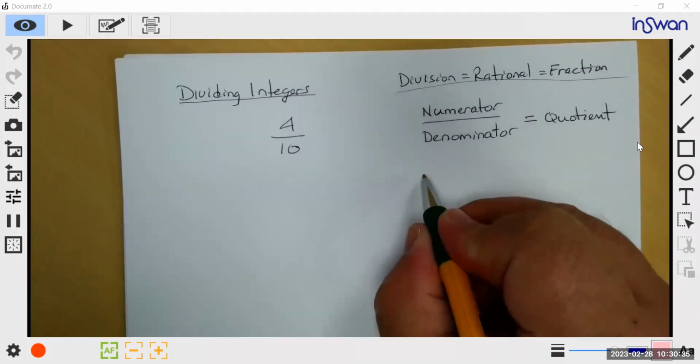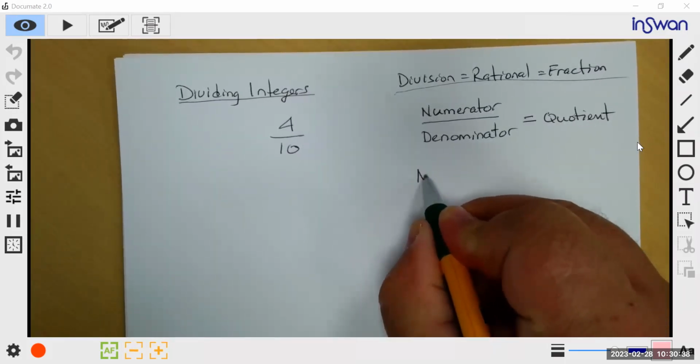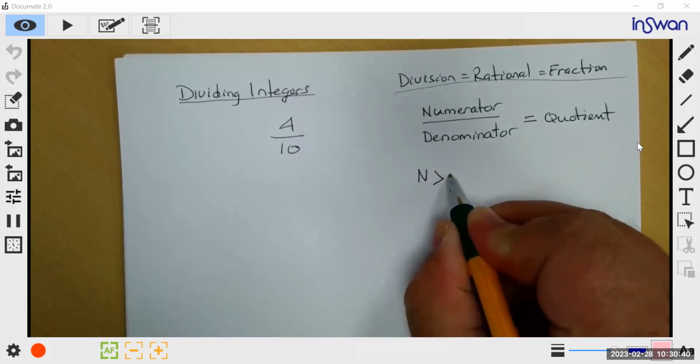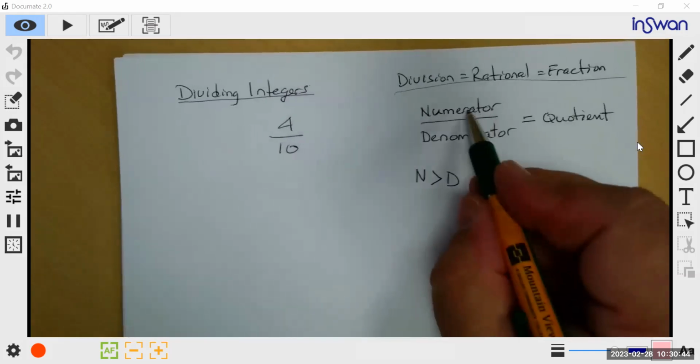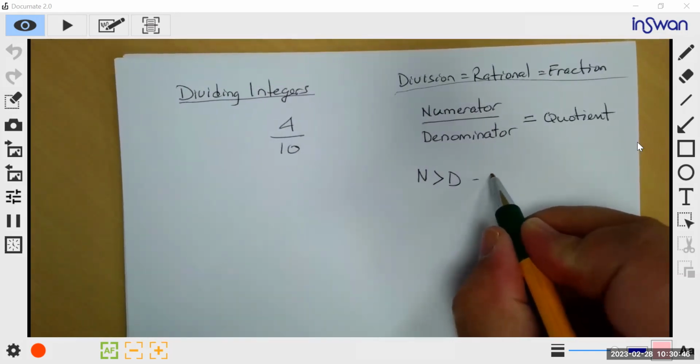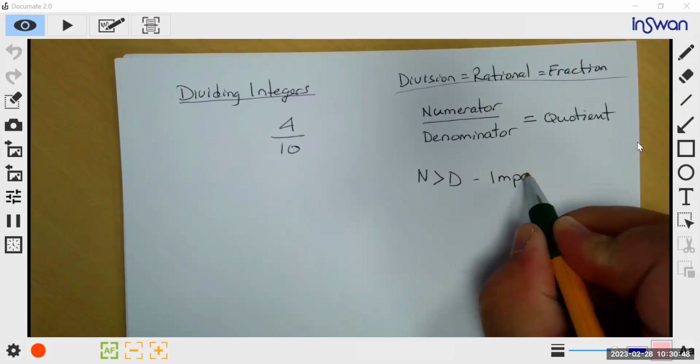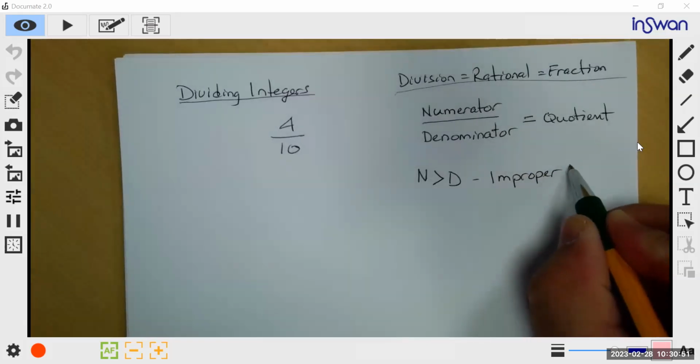We have different ways of looking at this. When the numerator is bigger than the denominator, if the top number is bigger than the bottom, we call that an improper fraction.